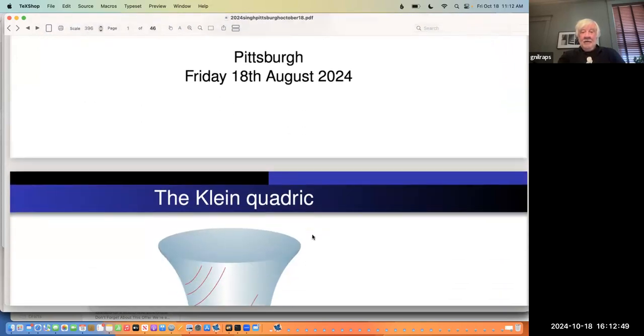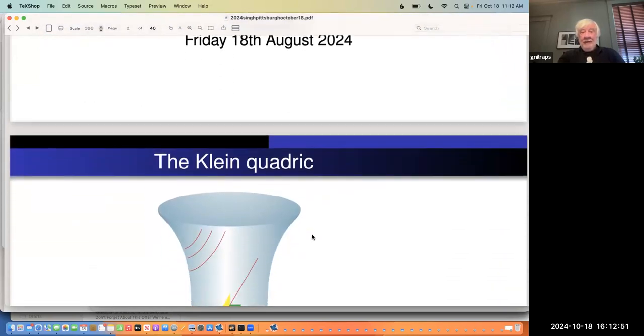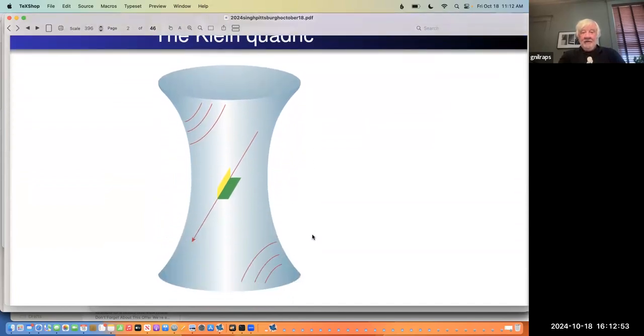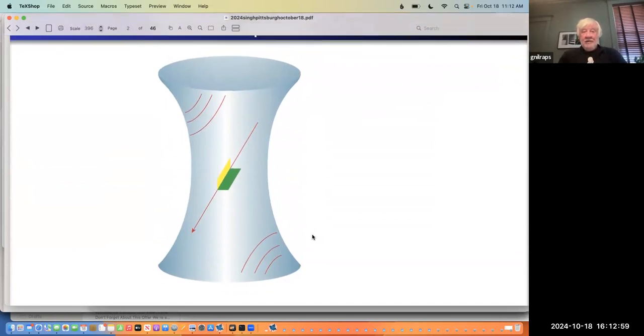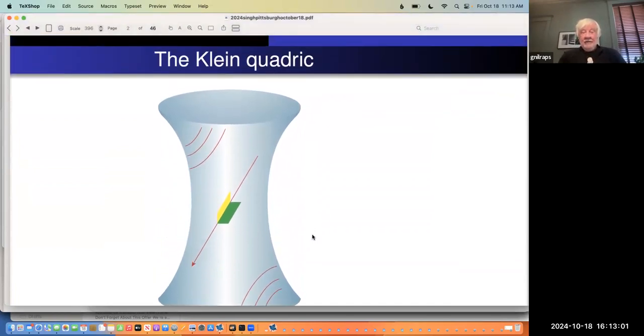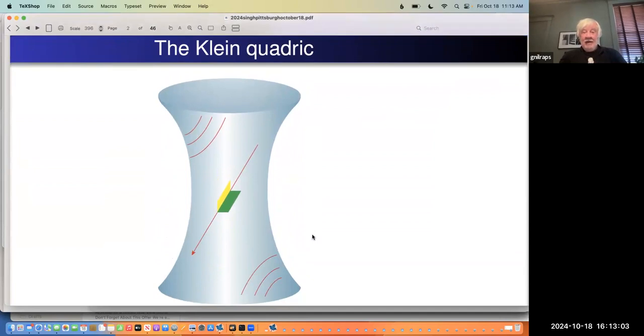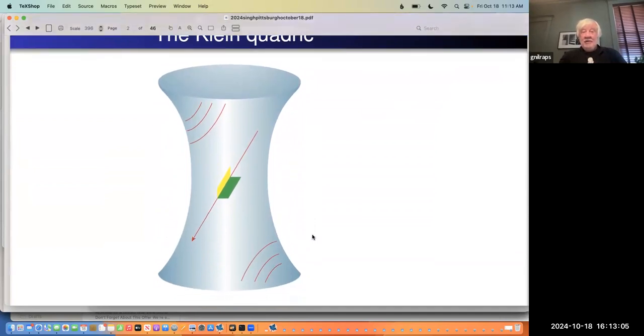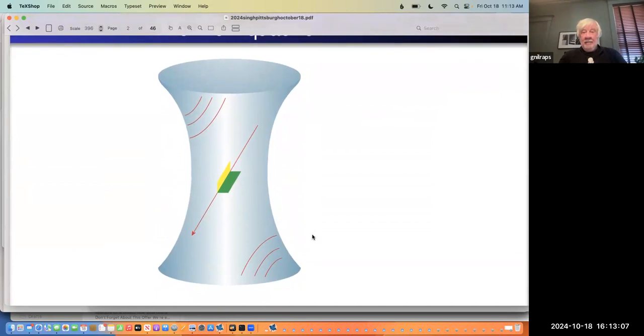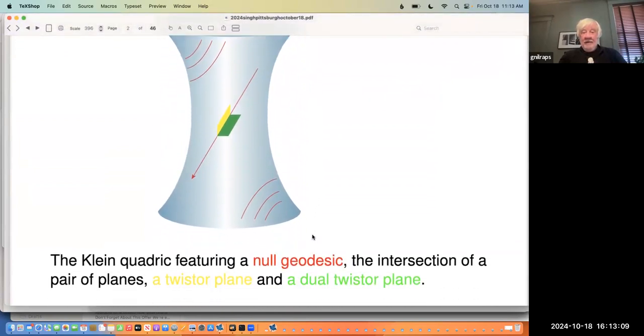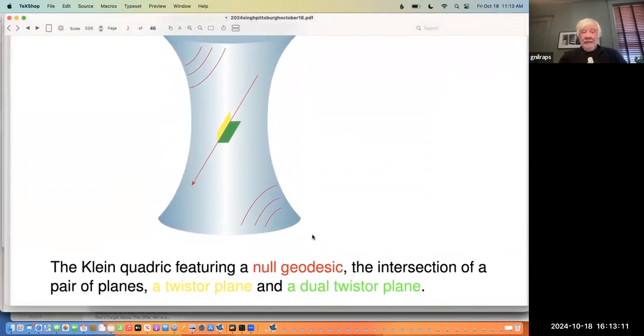Okay, so let me show you some pictures, some of which I've shown before to some people in the audience. This is one of the basic ingredients of twistor theory, what's called the Klein quadric. I'm just going to show you pictures at the moment. I'm not going to worry about formulas. We'll come back to it later.